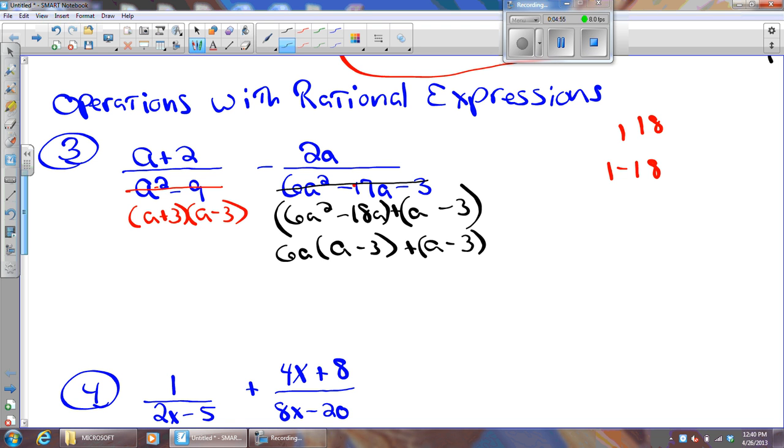I'm going to pull the a minus 3 out, and that'll be times 6a plus 1. So my new fraction is going to look like this.